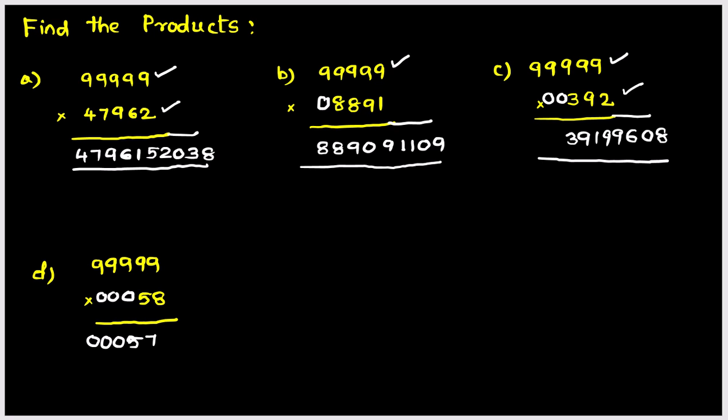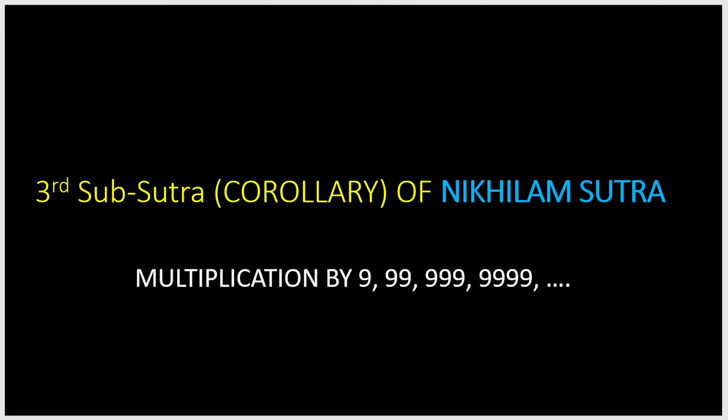But we have to write 00057. Later, each digit subtract from 9. 9 minus 7, 2. 9 minus 5, 4. And you get 9 minus 0, 9. 9 minus 0, 9. 9 minus 0, 9. After getting the answer, these 3 zeros you can ignore. So what is the sutra's name? This is the third corollary of Nikhilam Sutra, children.